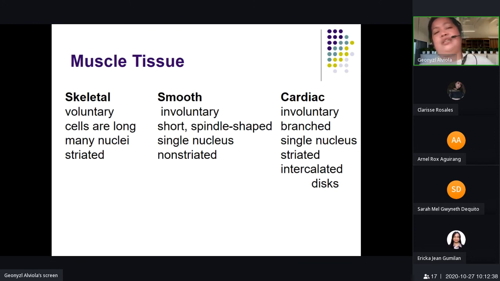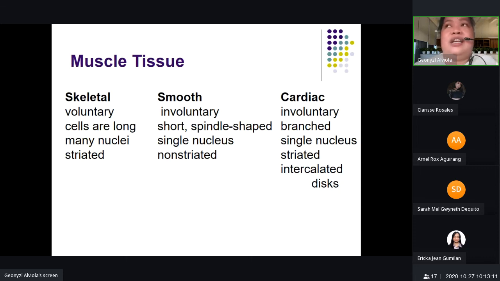Now, let's proceed to the third type of tissue. And we have three types. The muscle tissue. The muscle tissue have three types. We have the skeletal, smooth, and cardiac. And these three muscles were classified based on arrangement of fibers, shape of the cell, innervation, control, speed of contraction, resistance to fatigue, and the movement.